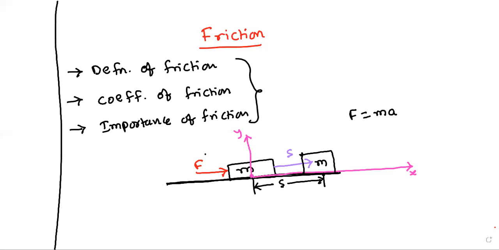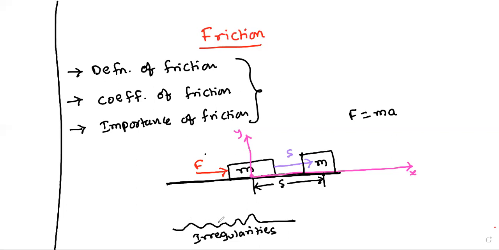Now we are considering a rough surface. That means the surface looks like this. These can be called irregularities.